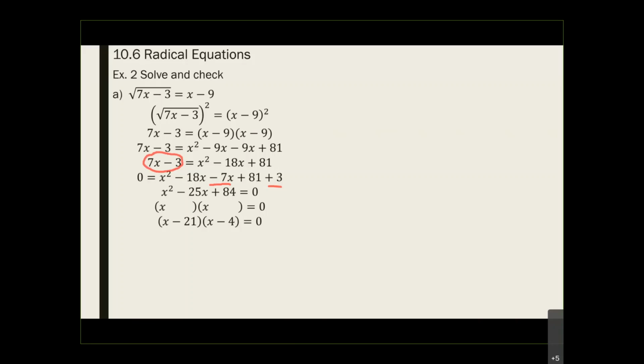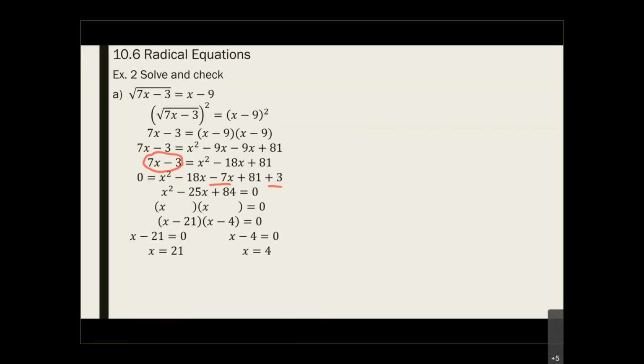After this, we say x minus 21 equals 0, x minus 4 equals 0. Then how do I solve for x? x is equal to 21 and x is equal to 4.